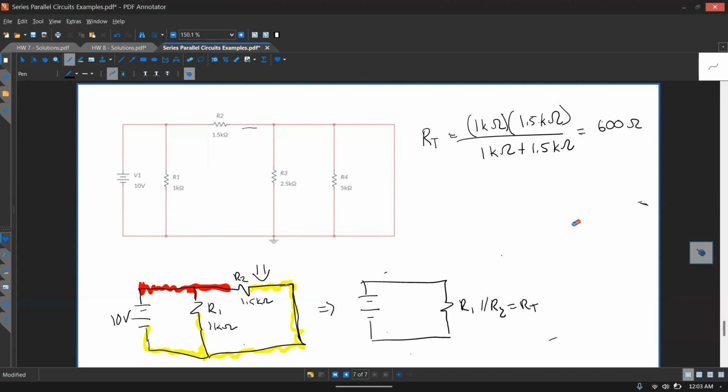And so from here we can just start doing what we've been doing in other examples. If we wanted to find I total, it's going to equal E over R total, which is your 10 volts divided by 600 ohms, which is 16.67 milliamps.